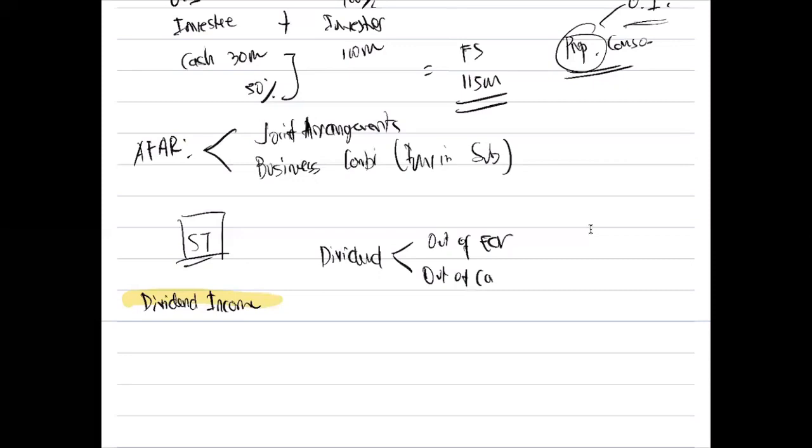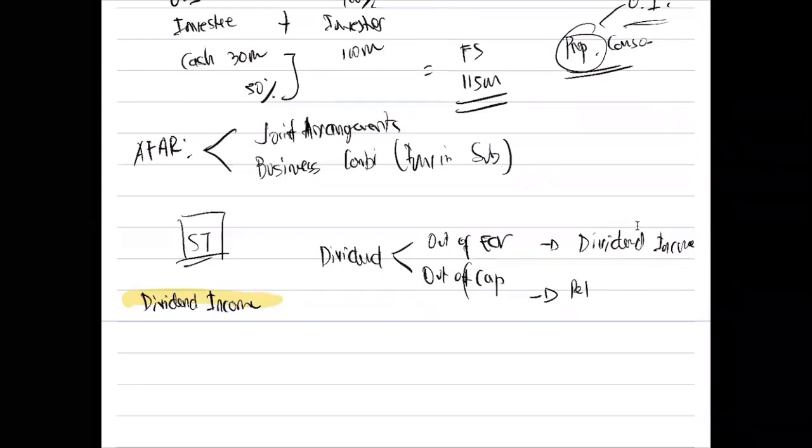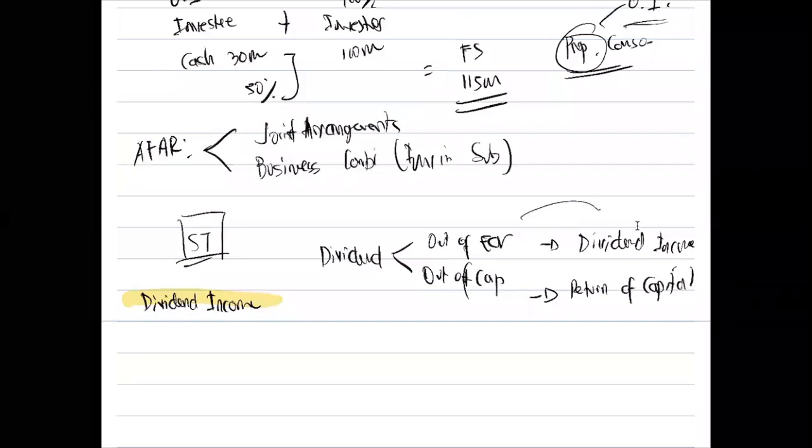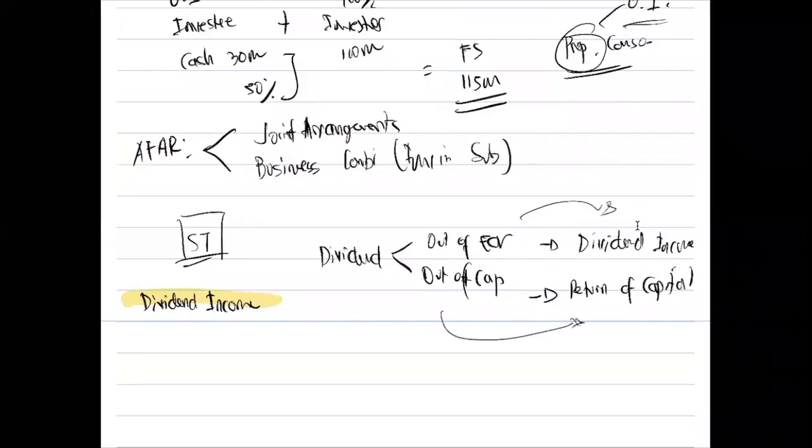By the way, your dividend can either be a dividend out of earnings or a dividend out of capital. If the dividend is out of earnings, of course, the dividend is known as dividend income. While a dividend out of capital is known as a return of capital.